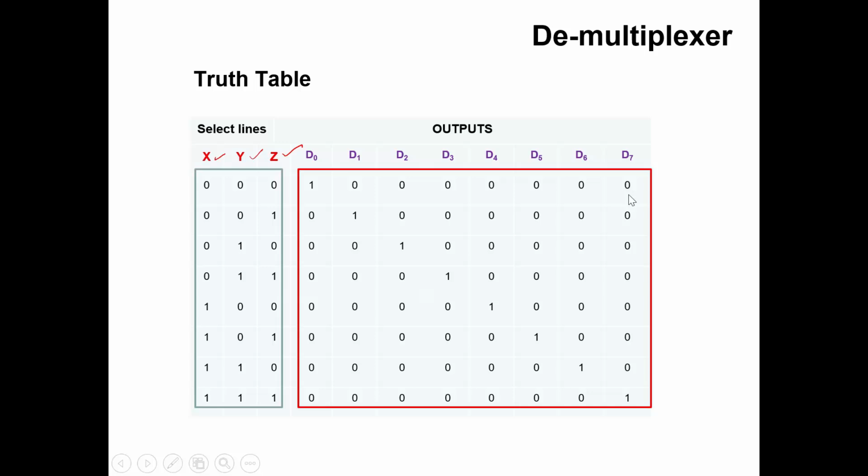So the data available on the enable line will be transferred to the output line D0. Similarly, when X is 0, Y is 0 and Z is 1, the D1 output line will get activated and the data on the enable line will be transferred to the D1 output line.